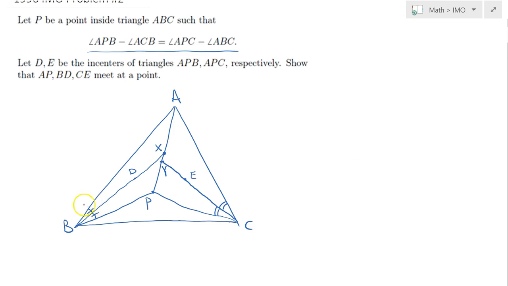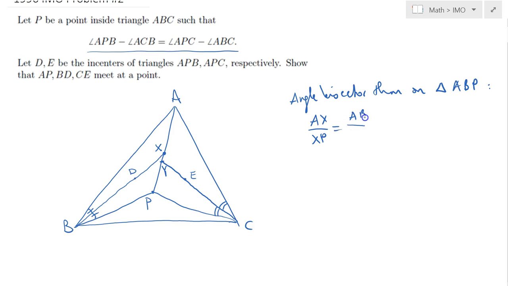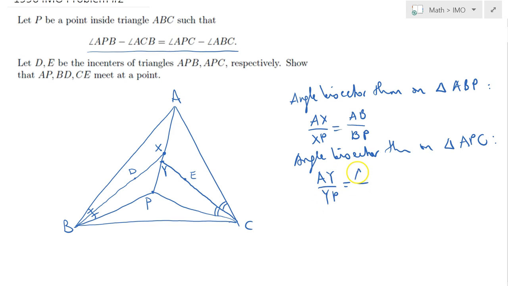Let me use the angle bisector theorem on triangle ABP. That would imply that AX to XP is equal to AB to BP. In a similar way, the angle bisector theorem on triangle APC would tell us that AY to YP is equal to AC to PC.